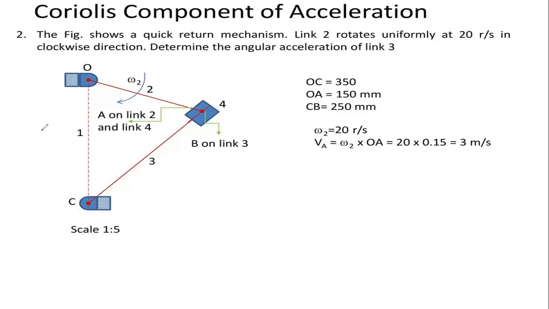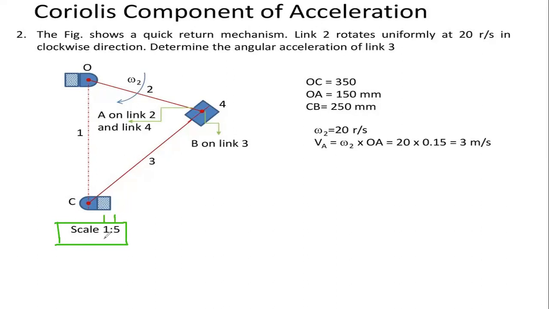We can show it in the figure also, which has been taken to a scale of 1:5. What is meant by a scale of 1:5? If we have an original length of 100 mm, we take it as 20 mm, that is the 1:5 ratio. This is the original one and this is the scaled unit.